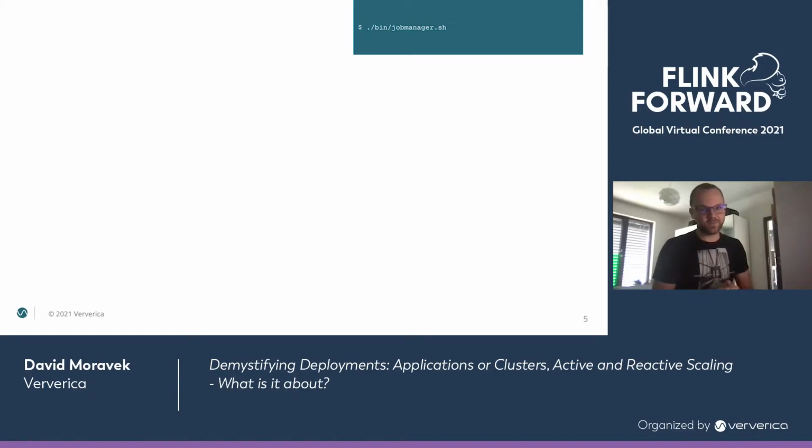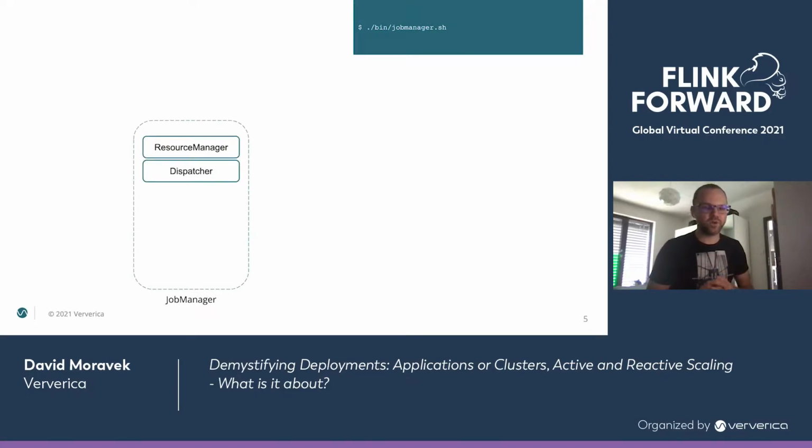We will start with executing the jobmanager.sh command that will start a new job manager process. Job manager comes with these two components, the resource manager and a dispatcher. Resource manager is responsible for managing cluster resources that Flink can use to execute your workload.